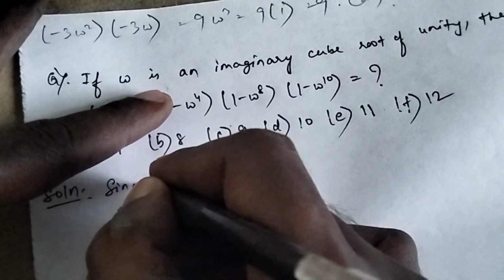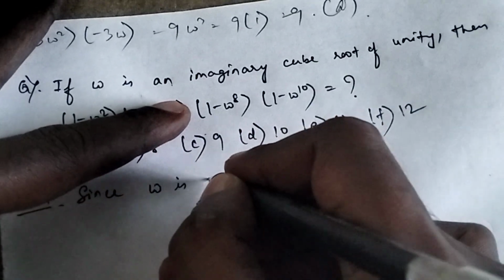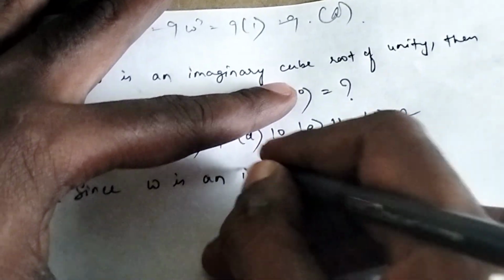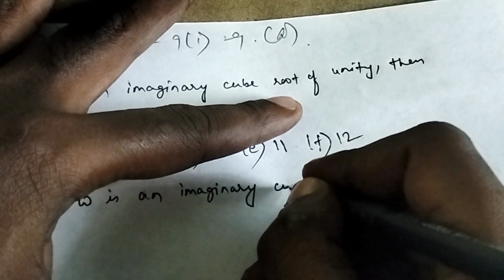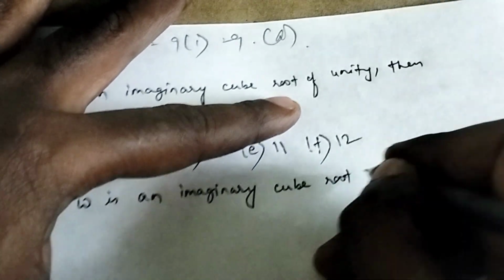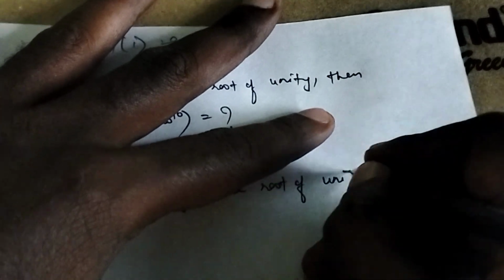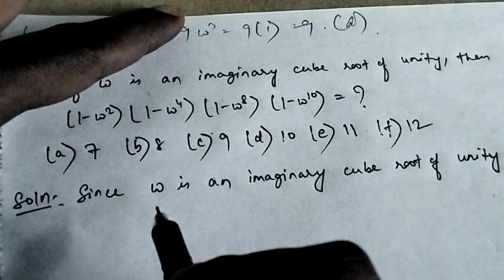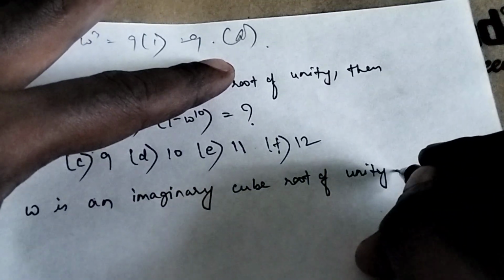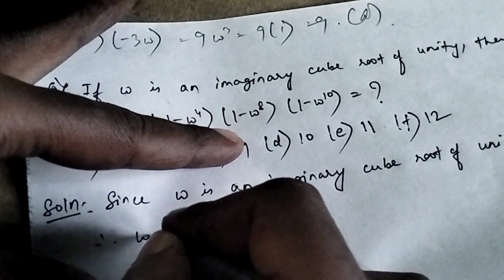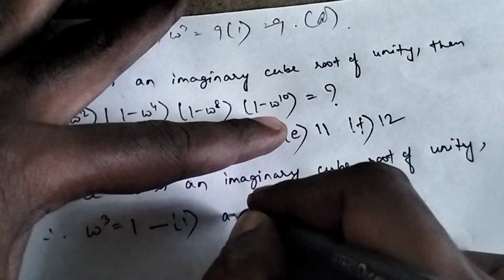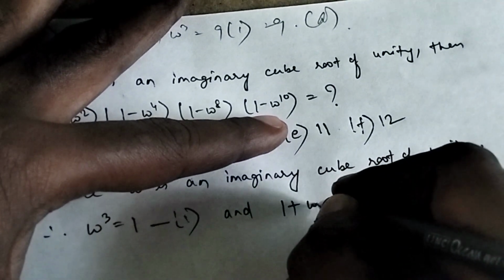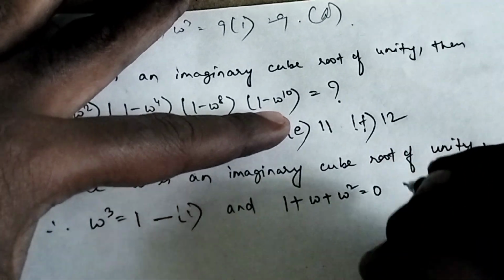Since omega is an imaginary cube root of unity, we will have omega cube is equal to 1, name it as equation 1, and we will have another equation, 1 plus omega plus omega square is equal to 0.